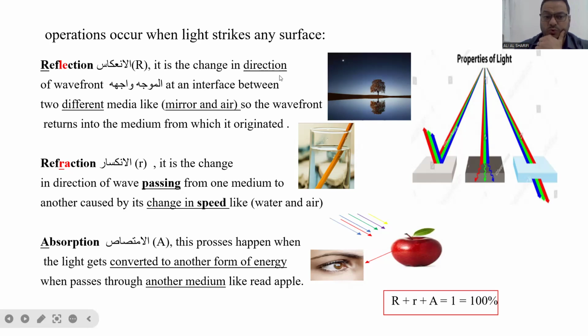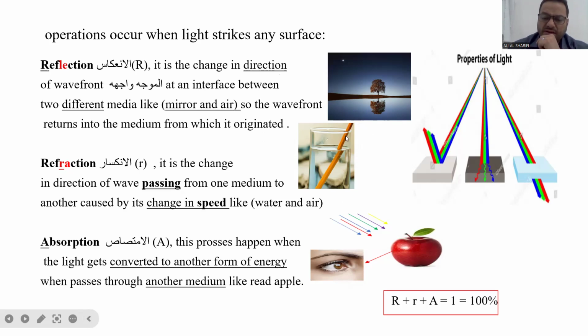It happens between two media, for example air and glass, and by using another angle it will reflect to another direction within the same medium. And why does this glass look like that?